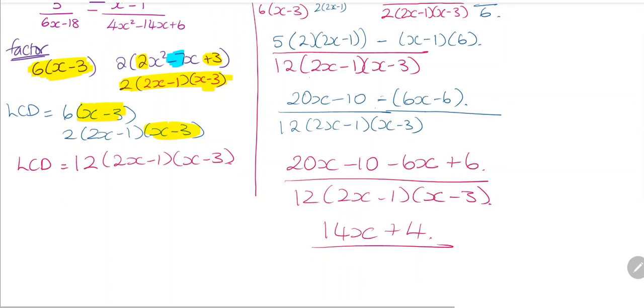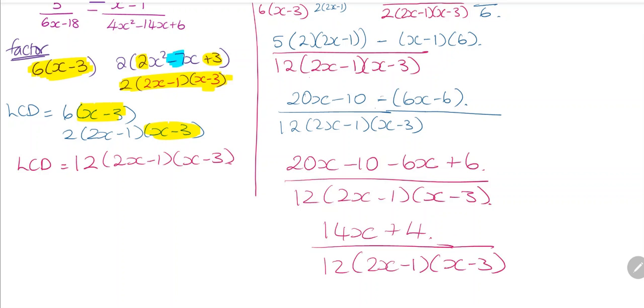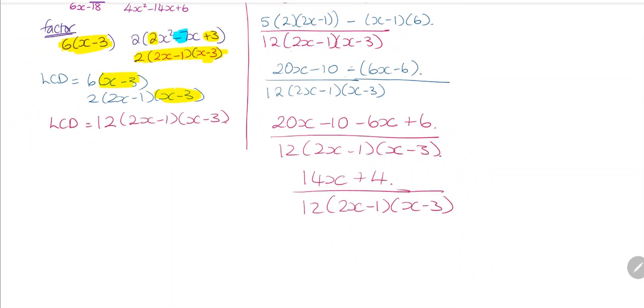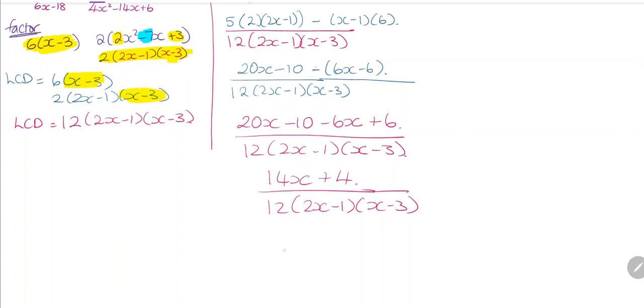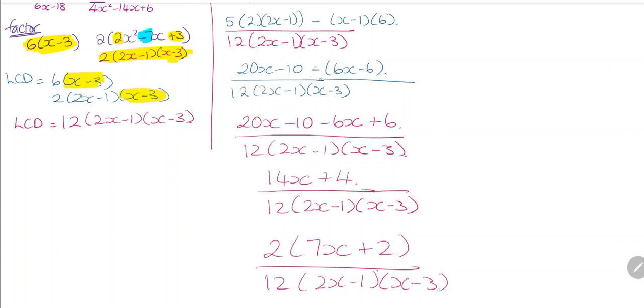Then we have 12, 2x minus 1 and x minus 3. If we factor the top by 2, we'll have 7x minus 2, and we have 12, 2x minus 1, x minus 3.